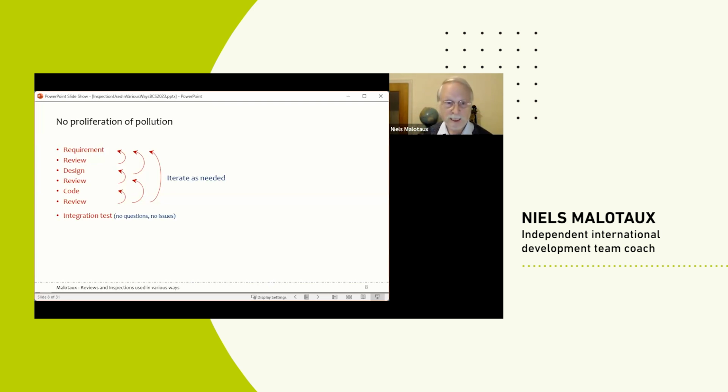So that's the process. And then the idea is at the integration test, I use that with teams, no questions, no issues. If we deliver something to stakeholders to see what happens, we give it to them. And the moment they have one question, one issue, we say, we failed.